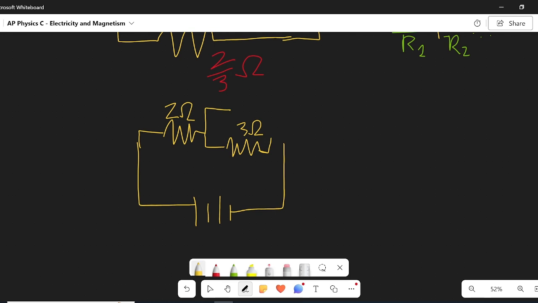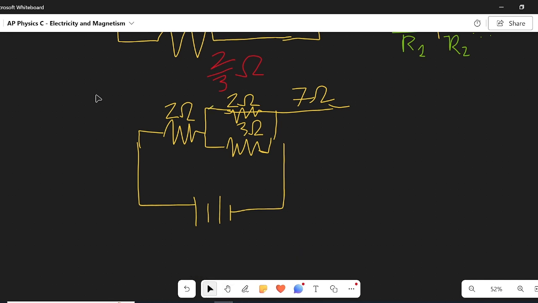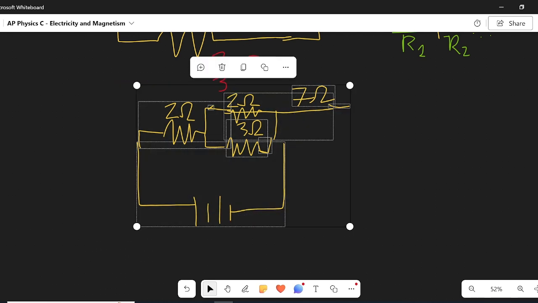And then let's say this connects to a thing up here where we have a 2 ohm resistor up here. This looks a bit messy. And then we have a 7 ohm resistor here, and then let me move all of this down.